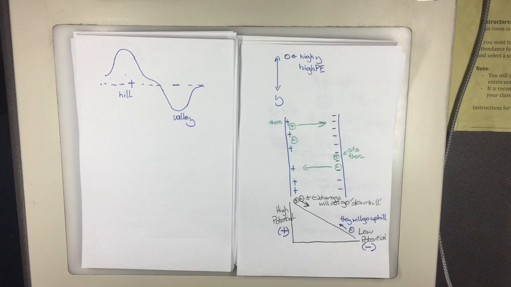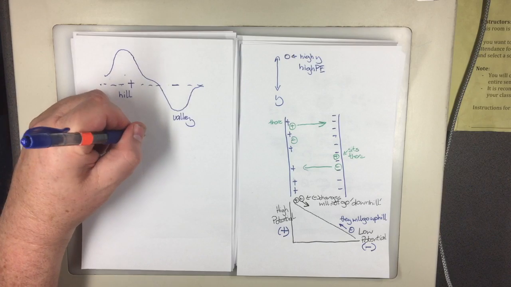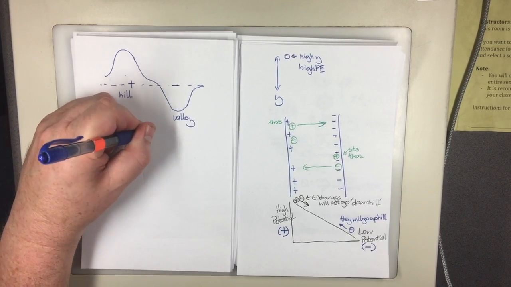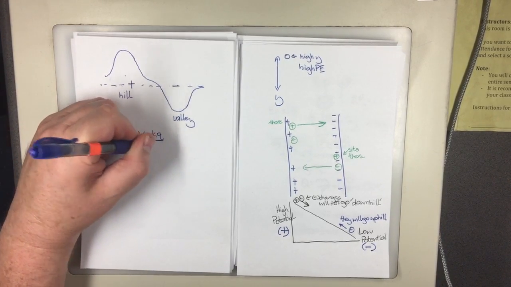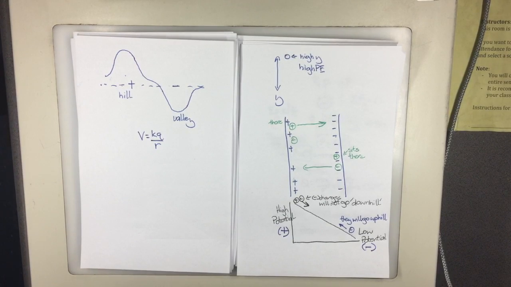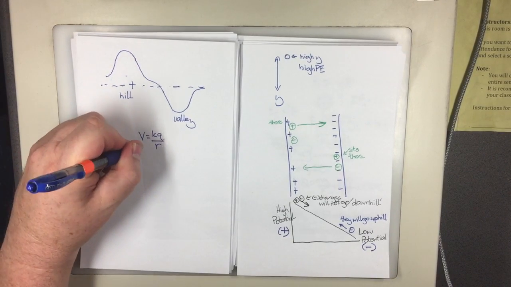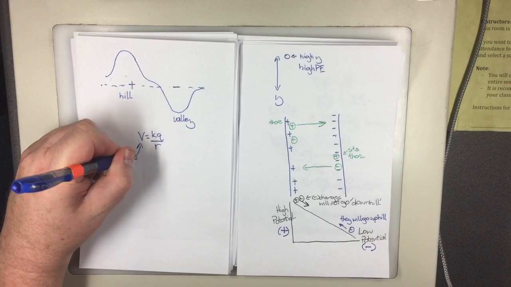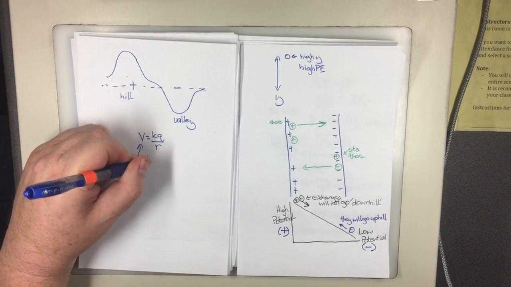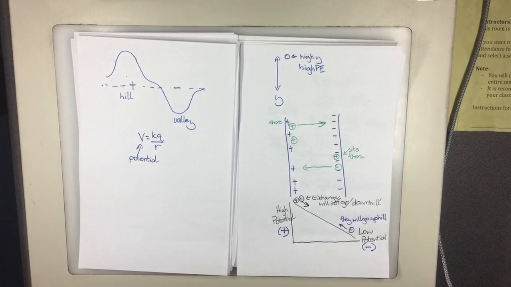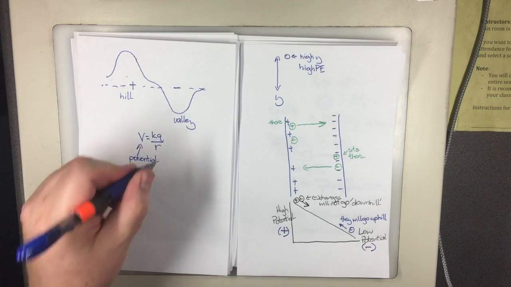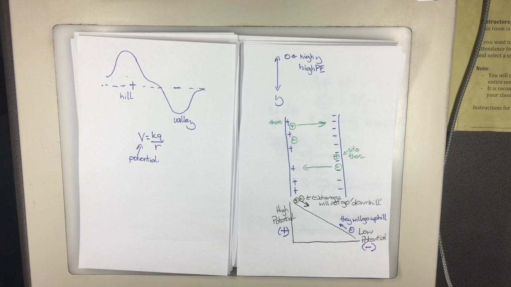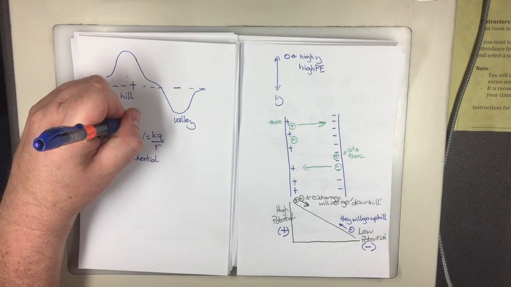And this brings us to the equation that we use for potential. That potential is KQ over R. V is the symbol for potential. K is that constant that we've dealt with. R is the distance from the point to whatever point charge we're dealing with. And I should write this down.